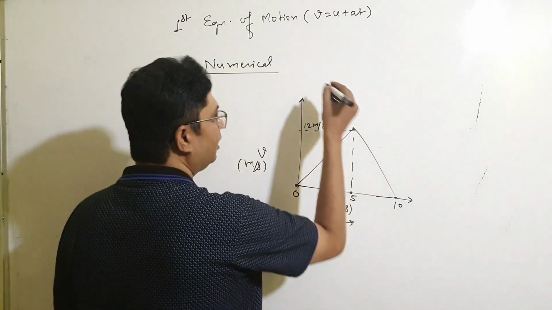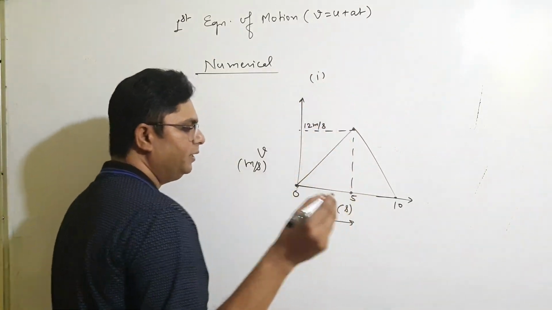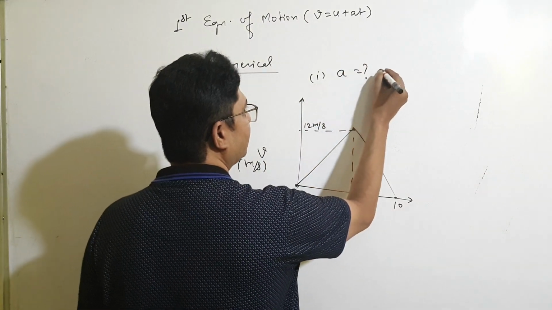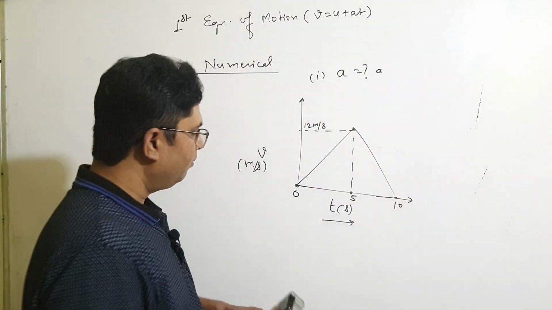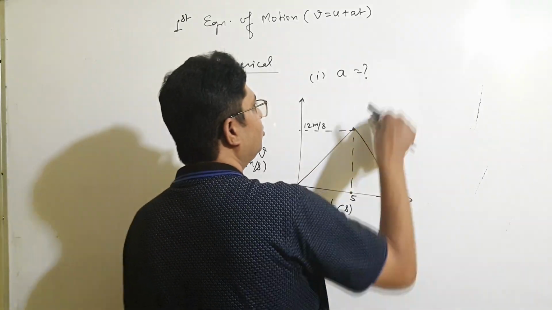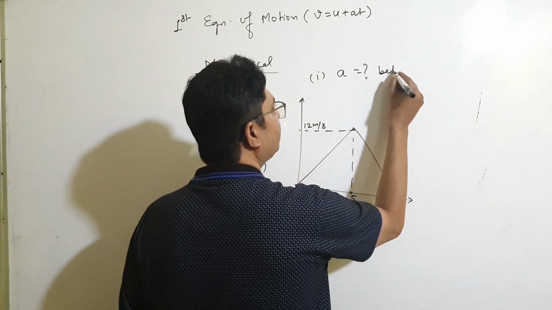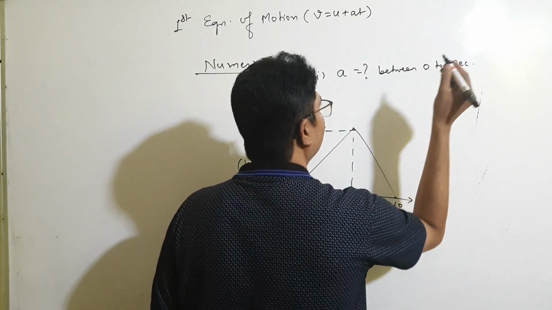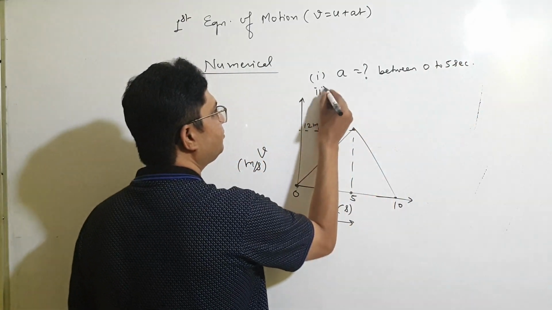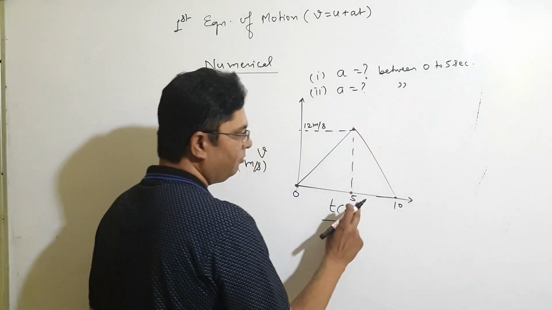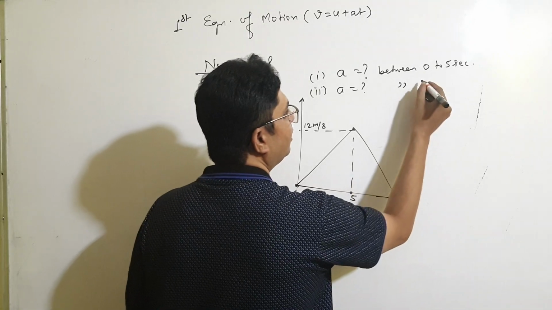Number first, you have to find acceleration. a equals what between 0 to 5 second? Number second, a equals what between 5 to 10 second?